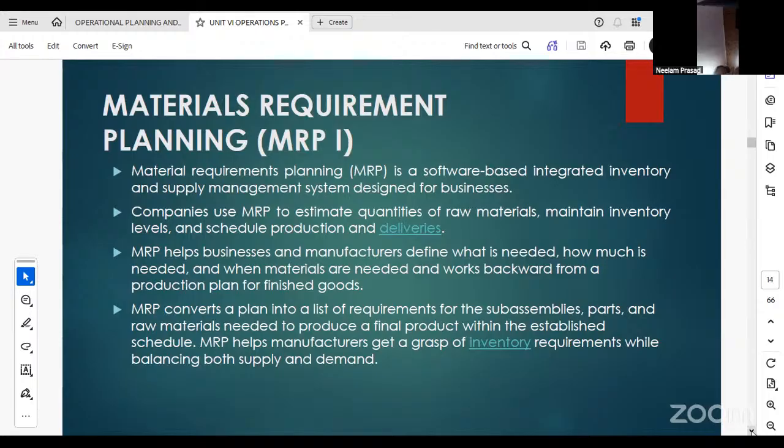From there, it estimates for you what you need, how much you need, when you need, at what price you need, what is the optimum price, and things like that. So this is computer-based software which helps you in your material requirement. What material you require, how much you require, what should be the quality, what should be the price, and things like that.